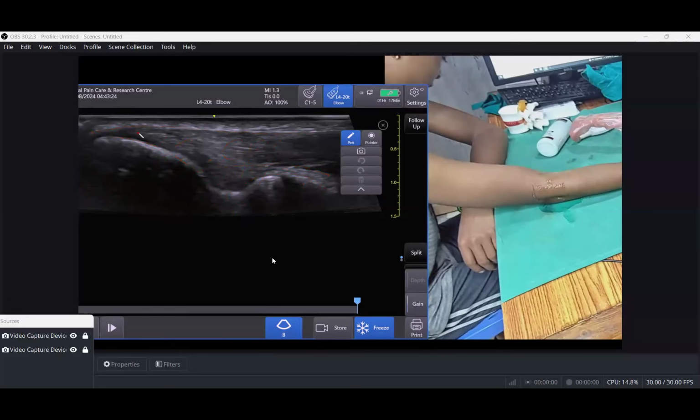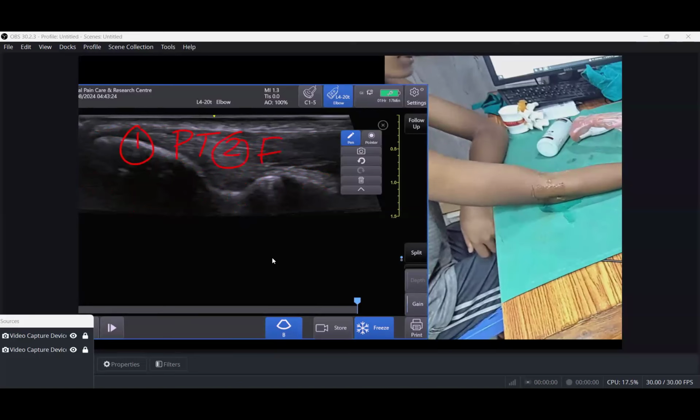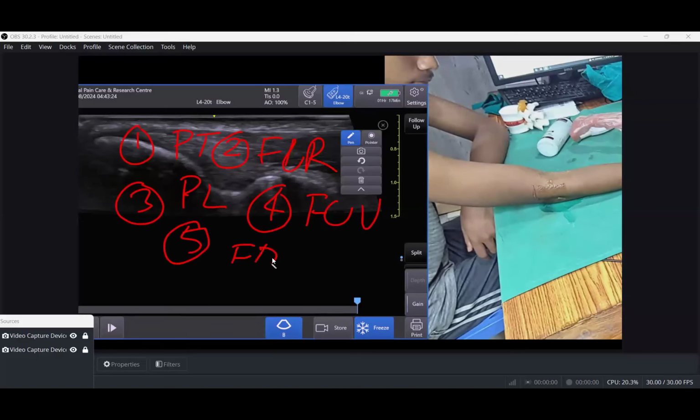First one is pronator teres. Second is flexor carpi radialis. Then palmaris longus is there. Fourth is flexor carpi ulnaris, and fifth is flexor digitorum superficialis.